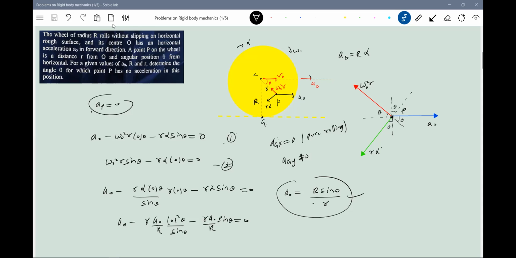A naught will get eliminated, no? What do we get then? Sin theta equals small r by capital R. Oh, only that much. Yeah, fine. Sin theta equals small r by capital R.